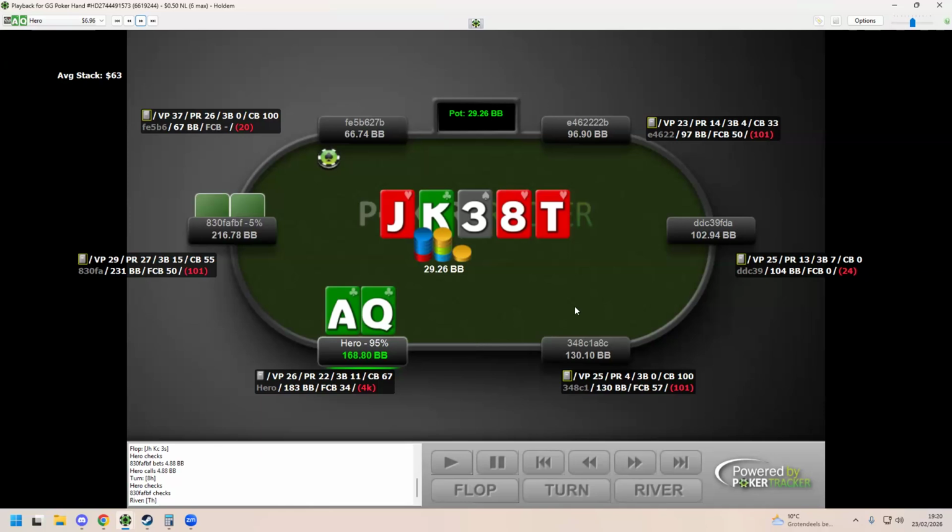I agree. I think we have to go for value here every time. So there are sizing considerations too, and that would also influence what happens if you do get raised.